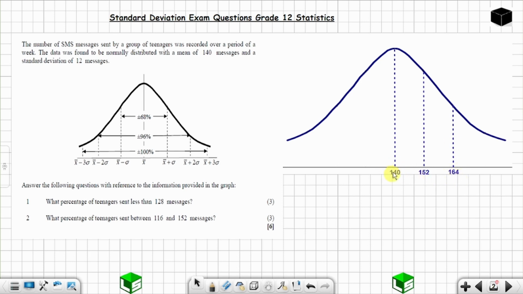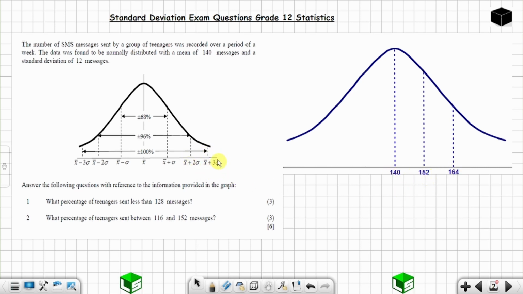So this is 2 standard deviations to the right of the mean.